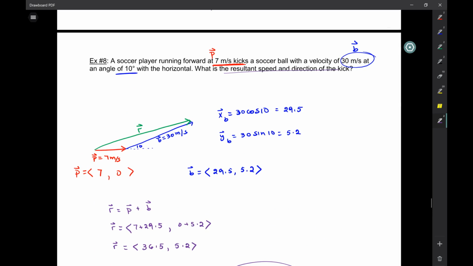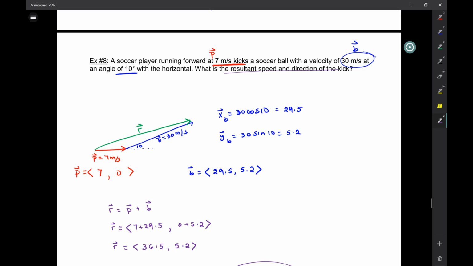He kicked the ball at 30 meters per second. If he was not running while he kicked it, the ball would just keep flying at 30 meters per second. But because he was running while he kicked it, the ball has an added velocity, so it's going faster, at 36 meters per second instead of 30. Also, he kicked it at 10 degrees.